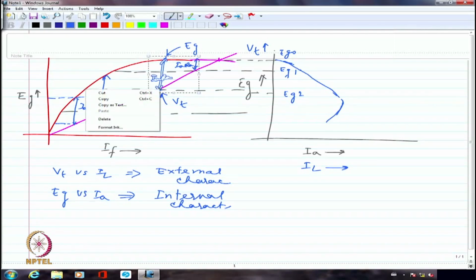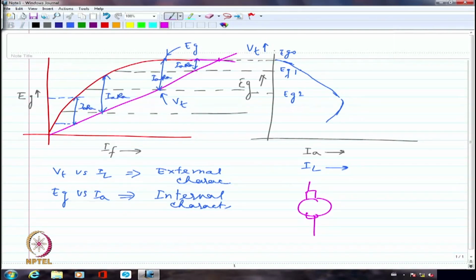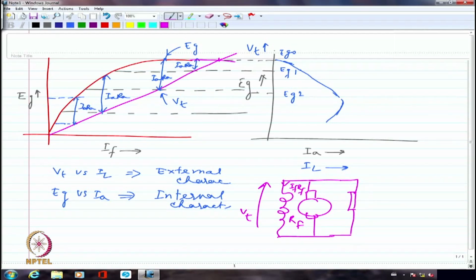VT is going to be definitely smaller, because VT is coming as the output, which is also coming across the field. So this is RF, so I have IF RF here, and I have the load here, and VT divided by IL is going to be RL.